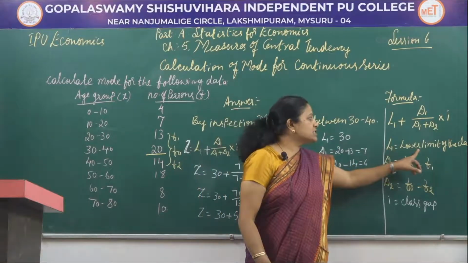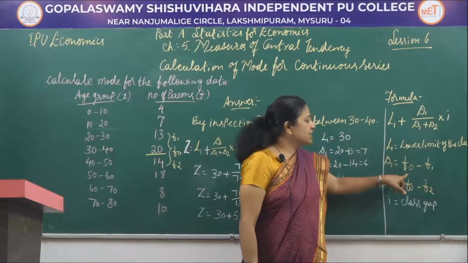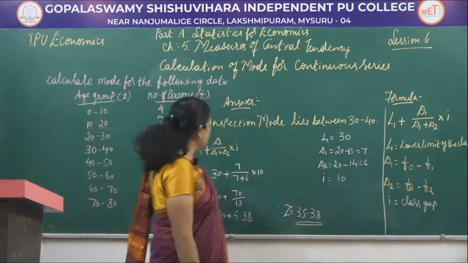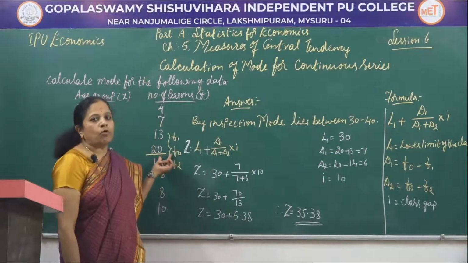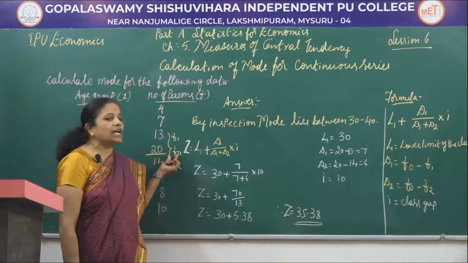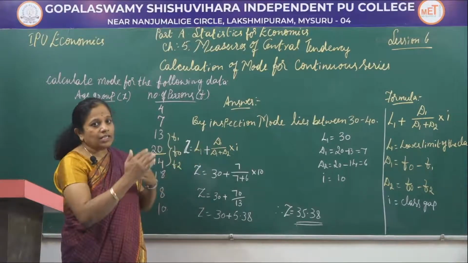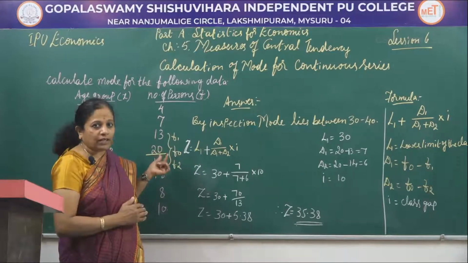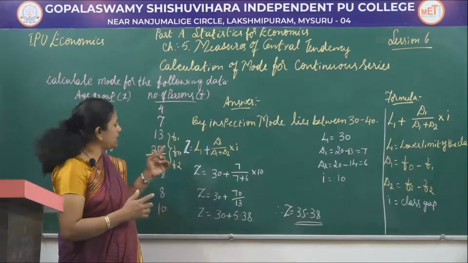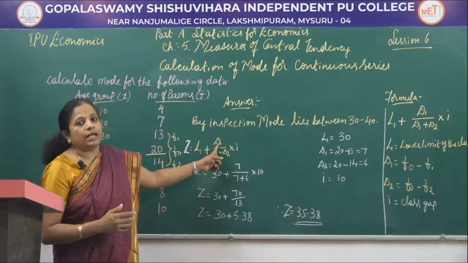L1 is the lower limit of the corresponding class, delta 1 is F0 minus F1. Here we have obtained a mode just by seeing the highest frequency and this is referred to as F0, and the difference is the change between the highest frequency and the previous frequency.